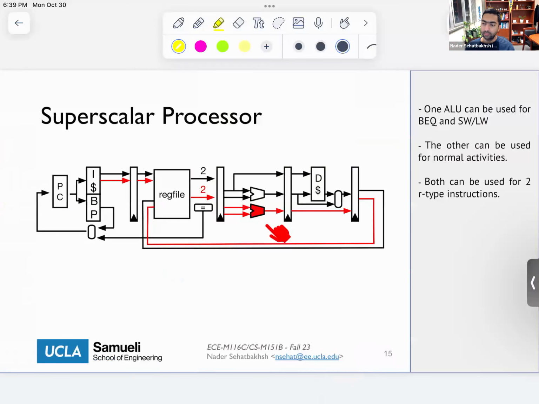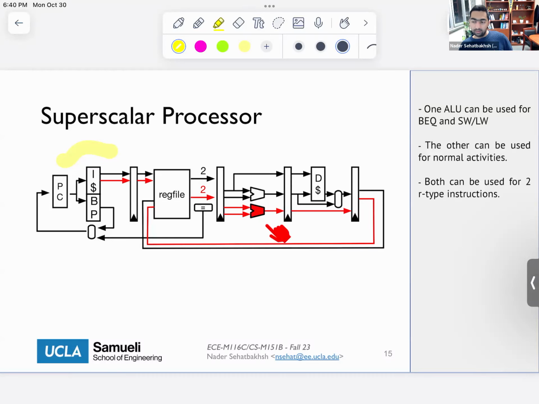And then as you can see, what we are basically doing in addition to all these things that we do in the fetch and decode is that during the execution, we can add an extra ALU unit so that we can then run two parallel instructions at the same time, right?